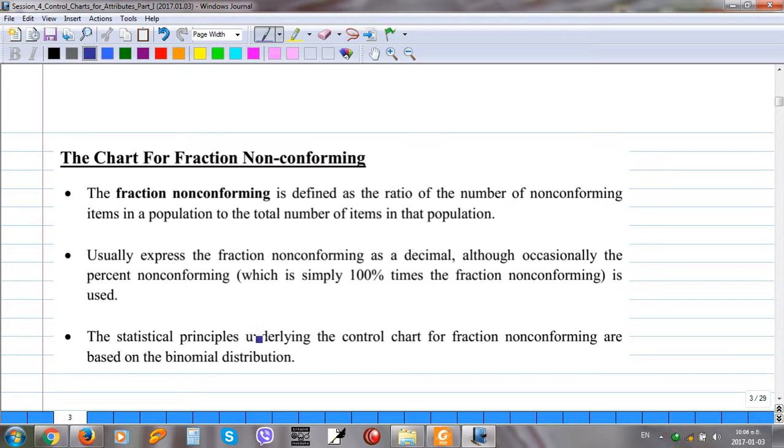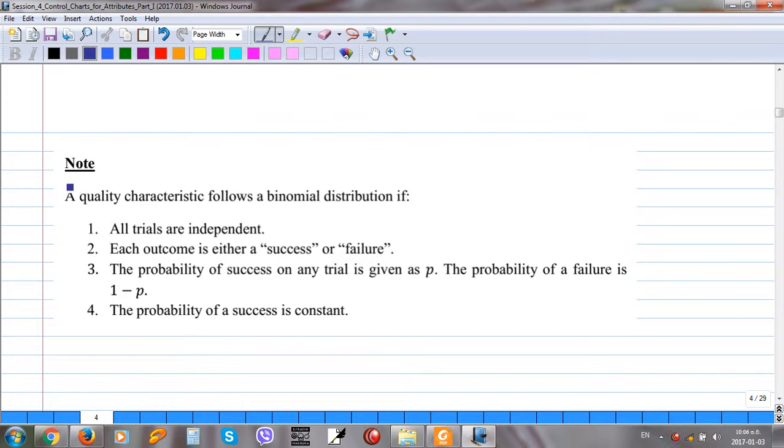The statistical principles underlying the control chart for the fraction non-conforming are based on the binomial distribution. You know what the binomial distribution is, but I am going to revise it again.